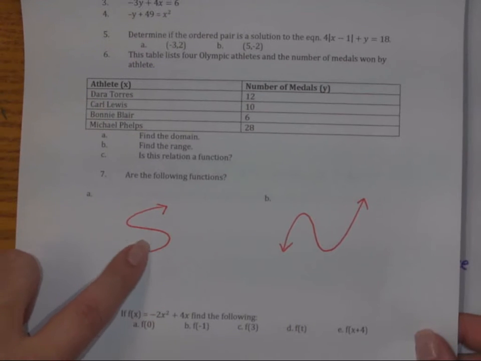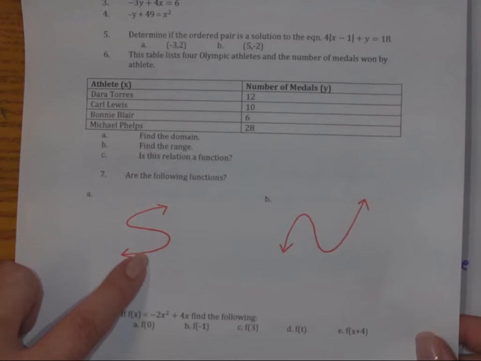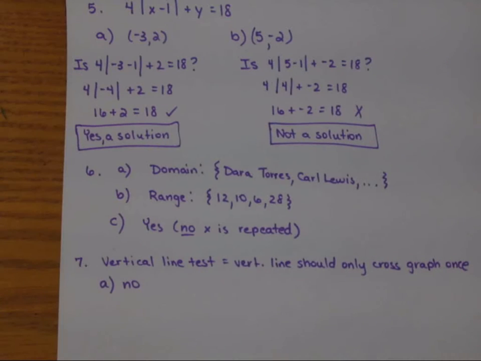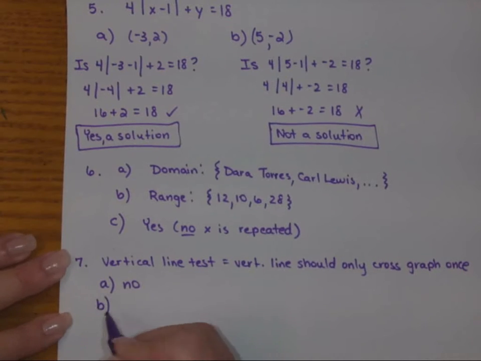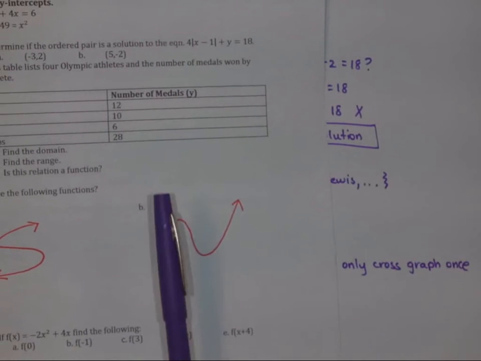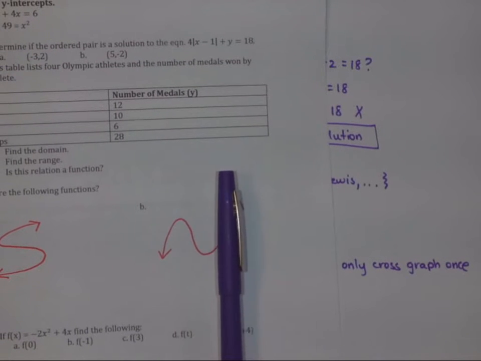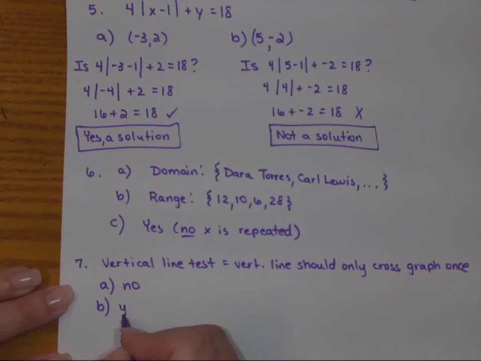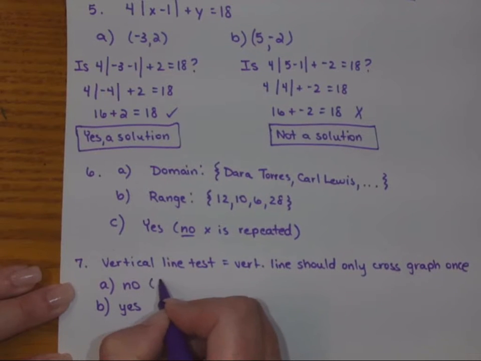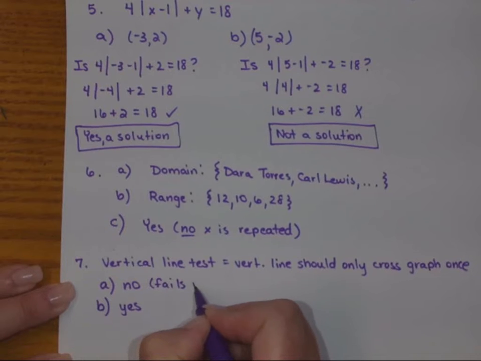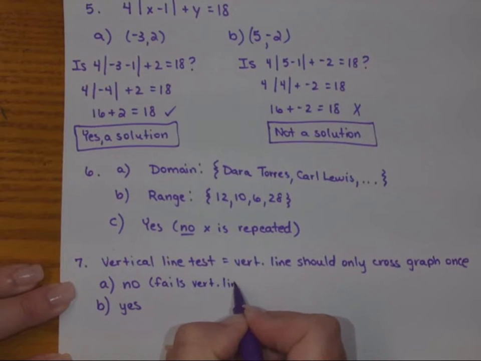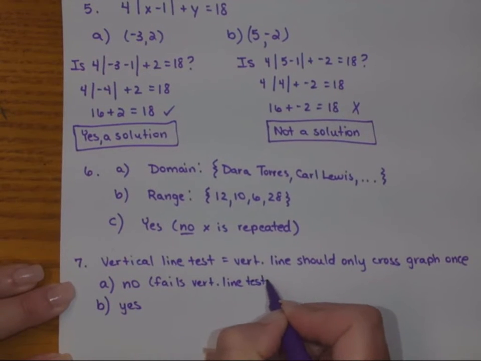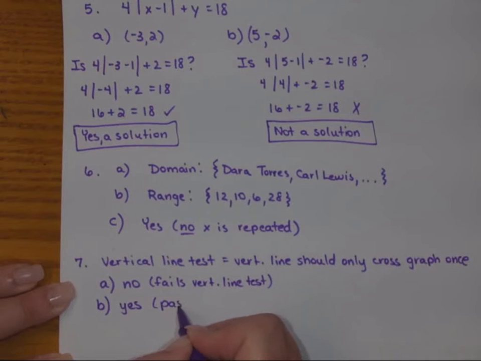You would definitely have a vertical line that could hit the graph more than once. In fact, 3 times if you hit it just right. So that's a no. But then notice this curve, no matter where I slide my vertical line, picture my pen as a vertical line, it'll only hit it once. So this fails the vertical line test. And this passes.